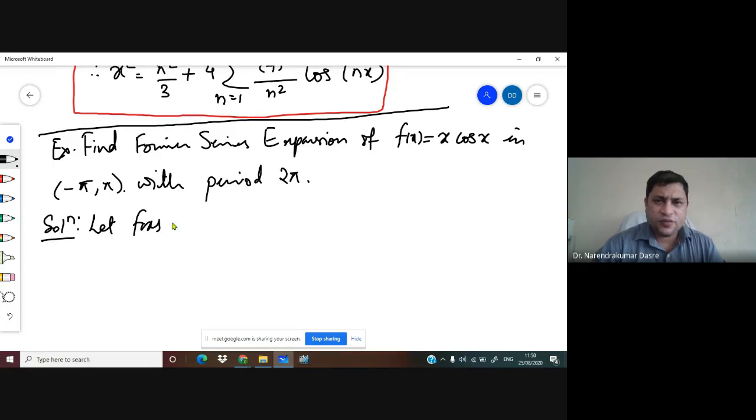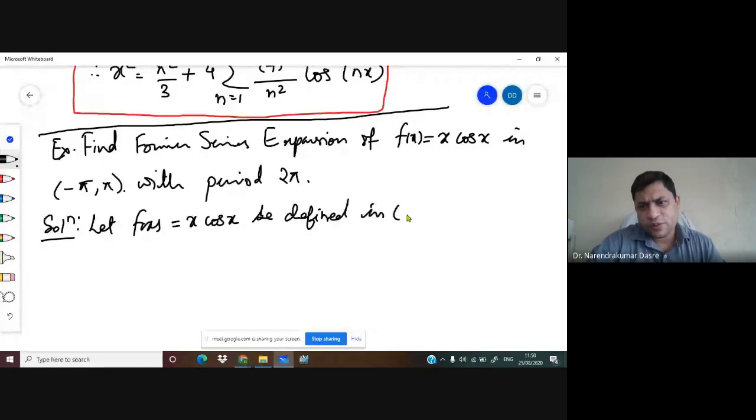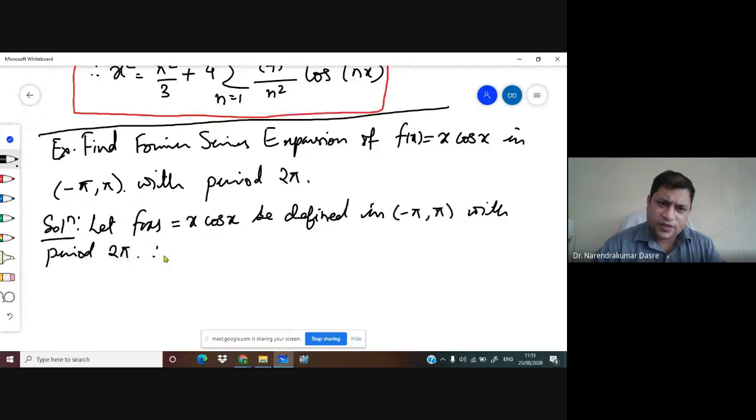f of x is equal to x cos x, defined in minus pi to pi with period 2 pi, and hence 2L is equal to 2 pi, so L is equal to pi.